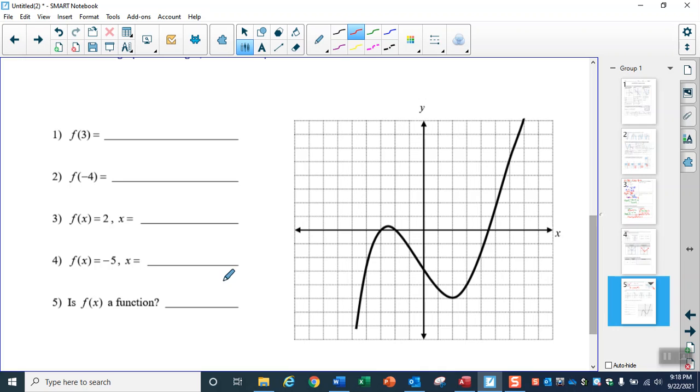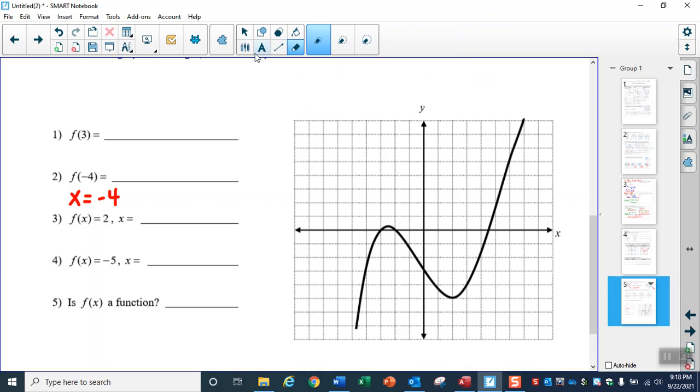And then 18, we kind of looked at before. So if I've got f of -4, that means x is -4. So I go over 1, 2, 3, 4. There's my x value. And what would be the y value? What's the point on the graph? Actually, it's hard to tell.